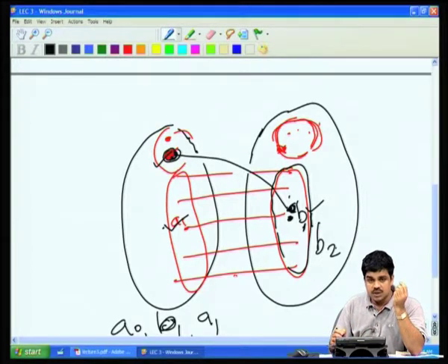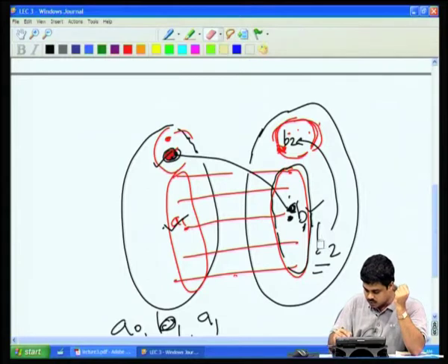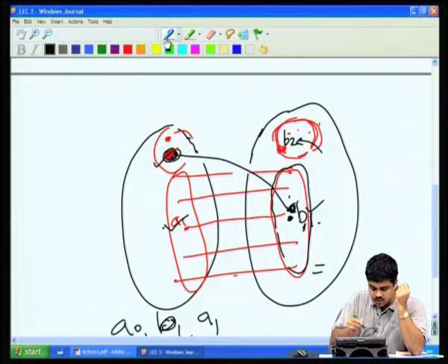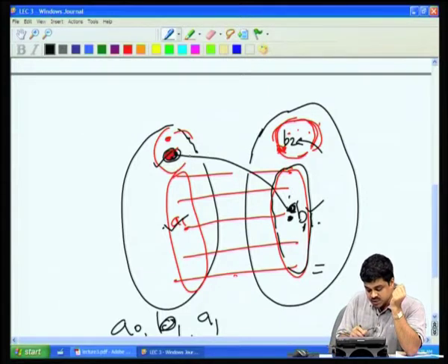Now the issue is, where is this B2? Is this B2 an unmatched vertex or a matched vertex? Is it possible that B2 is in the unmatched set, that is, can B2 sit here instead of here? If B2 is here, then B2 is connected to either A0 or A1.